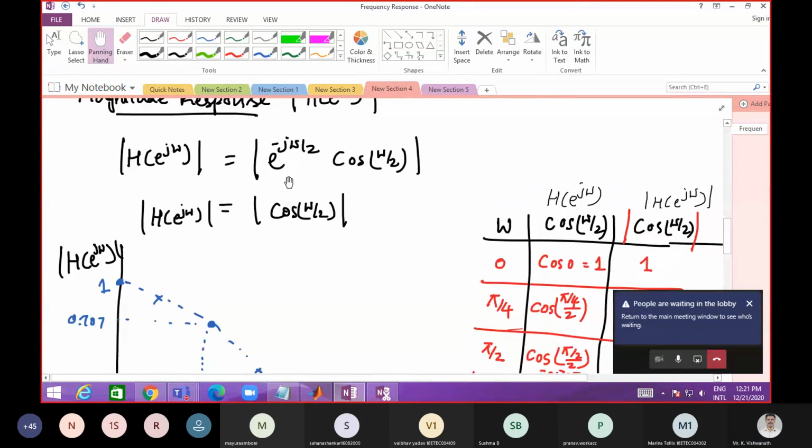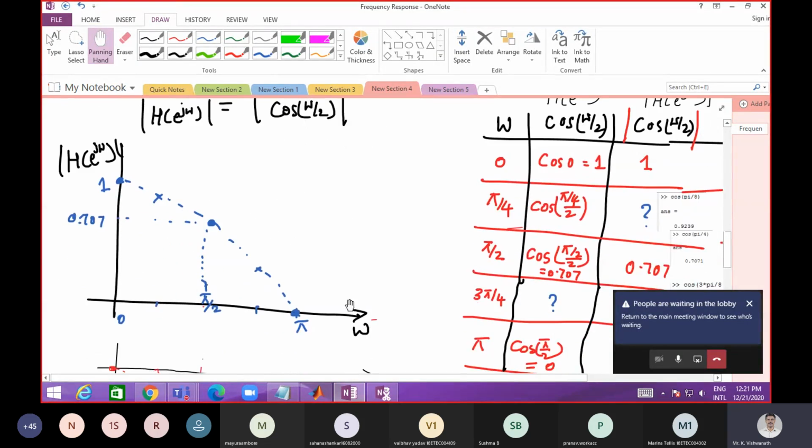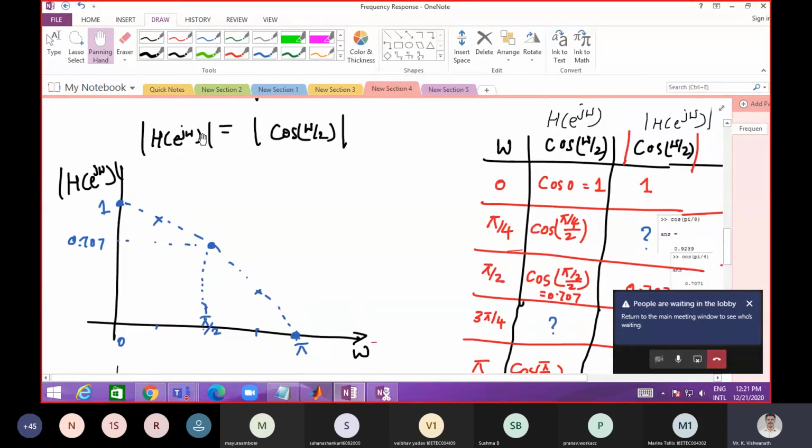But the magnitude of e power minus j omega by 2 is 1, therefore that will be redundant, and you will be left with magnitude response is nothing but magnitude of cos omega by 2. So we will plot this. The variable is omega. So on the x-axis we have the variable omega, and the y-axis is the magnitude response. So this is the magnitude response.